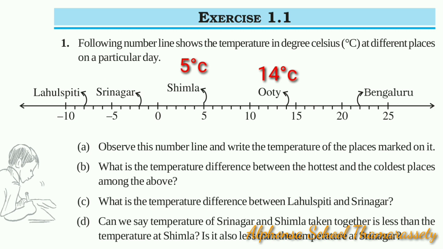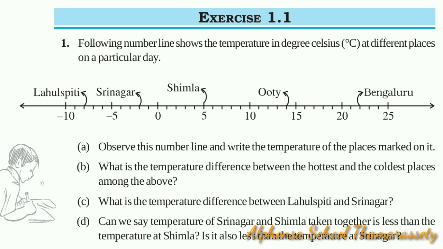Now look at the temperature at Bangalore. Between 20 and 25 there are 5 equal divisions, and the place marked as Bangalore is 20, 21, then 22. So the temperature at Bangalore is 22 degrees Celsius. Now look at the left side of 0. After 0 the numbers are -1, -2, -3, -4 and -5.